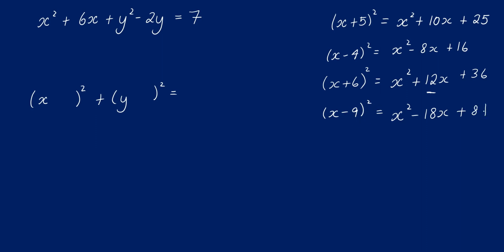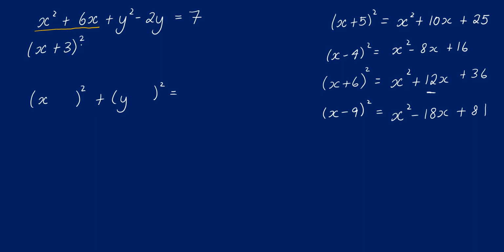Okay, so when we come over here to our question, what I'd like you to do is focus on these two for now. I've got an x squared and I've got the 6x, so half of 6 is 3. That means in my bracket I'm going to have x plus 3 squared.